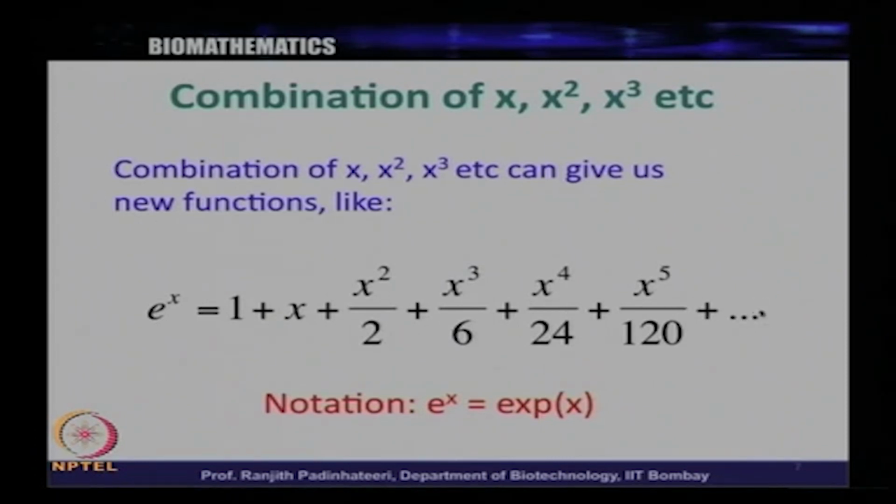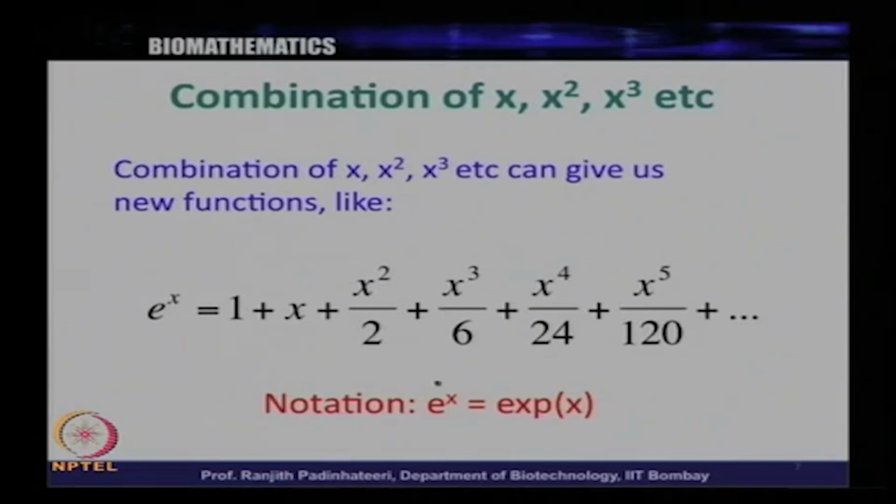This dot dot dot means this series continues till infinity. So, this is an infinite series, and the sum of this series having infinite terms will give you this value e power x.